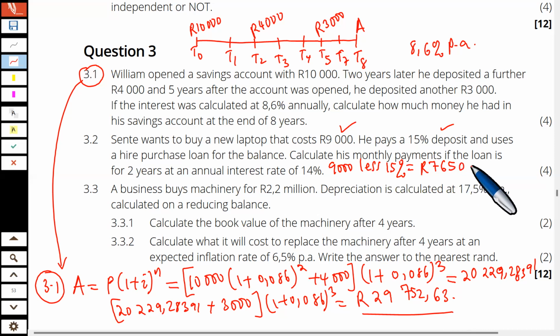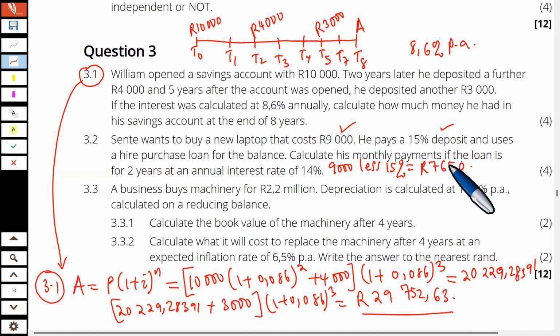So you subtract 15%, 9,000 less 15%, because now he pays a deposit of 15%. And he uses a hire purchase loan for the balance. So in other words, he takes a hire purchase loan for the balance of 7,650. Right, so obviously understand that this hire purchase loan is subjected to interest.